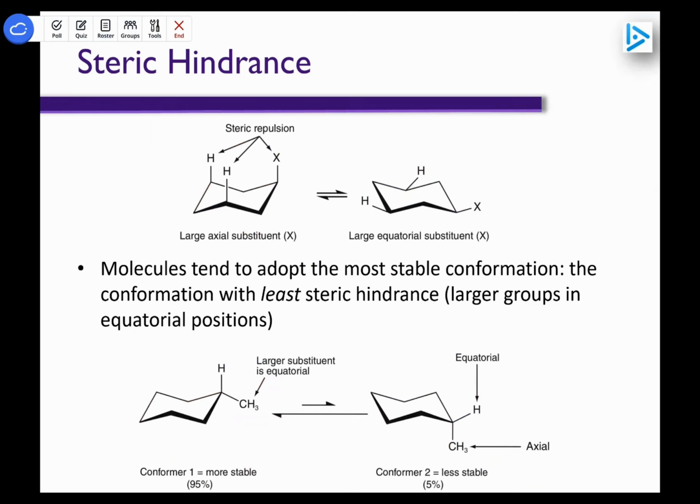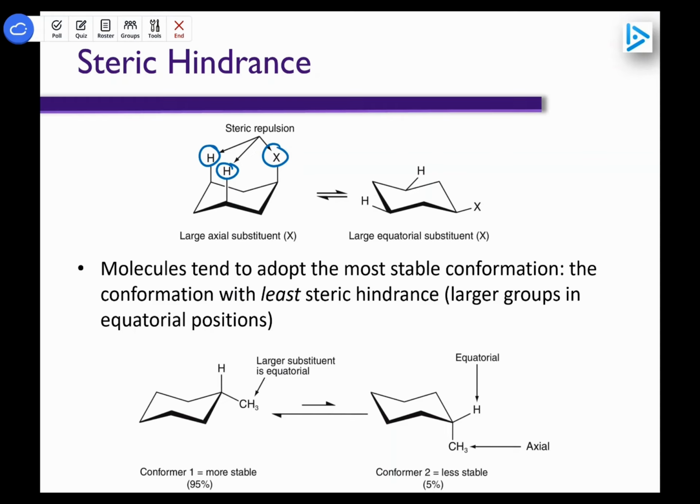So as we predicted with a show of hands a few minutes ago, the axial positions have some steric repulsion happening. If these three balls are all in up axial positions and down axial positions, they're really in each other's space.